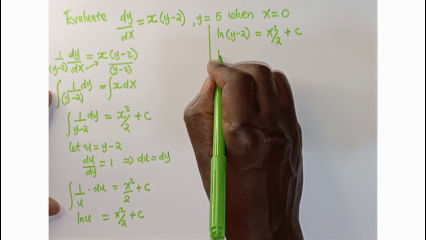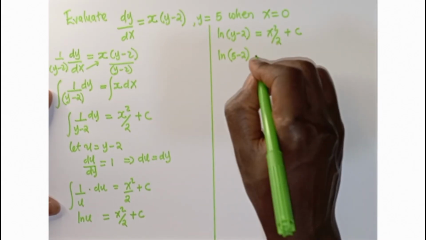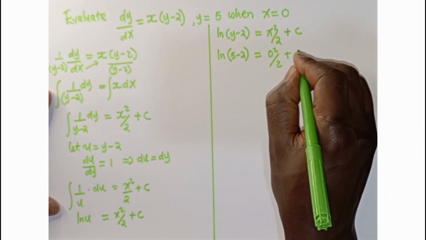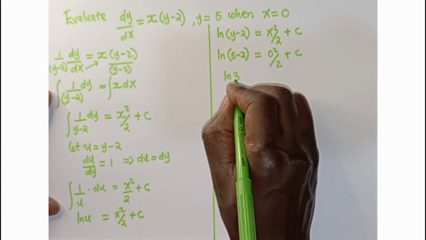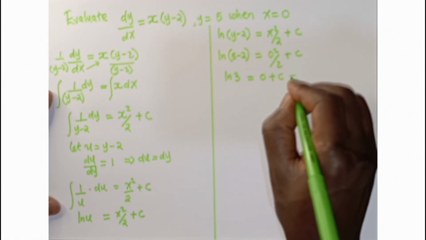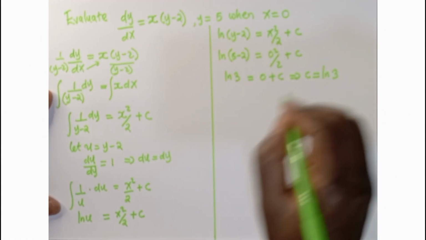We shall have ln of 5 minus 2 is equal to 0 squared out of 2 plus c. So this becomes ln 3 is equal to 0 plus c. So this tells us that our c is ln 3.